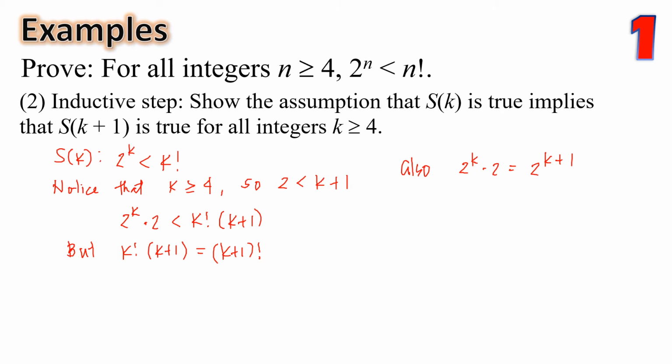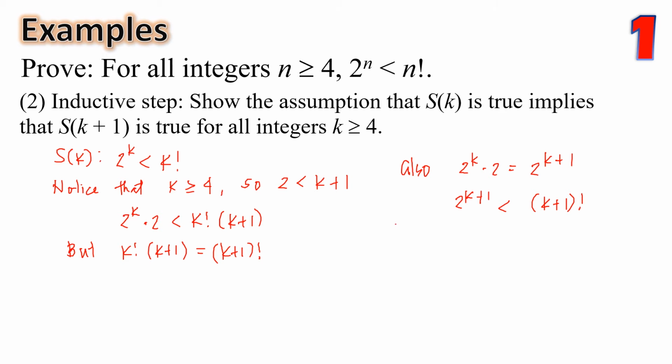Hence, from 2 raised to k times 2 is less than k factorial times k plus 1, we have 2 raised to k plus 1 is less than k plus 1 factorial.